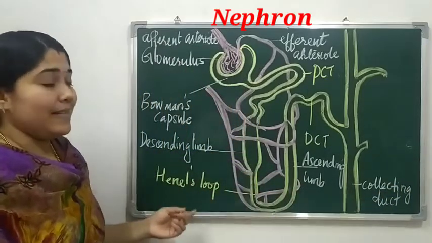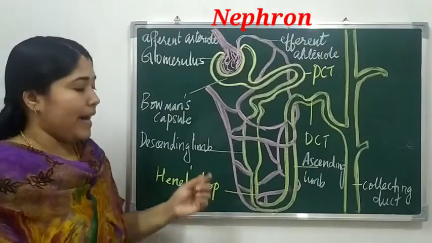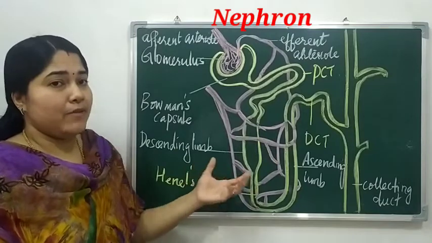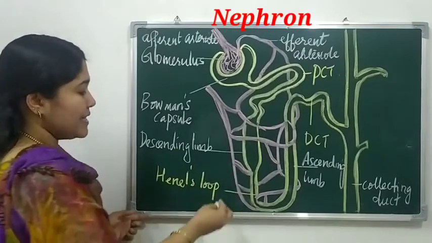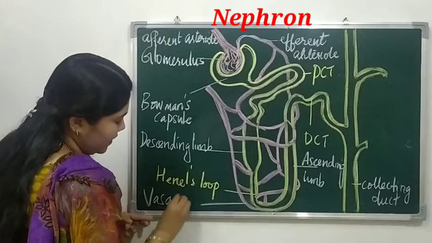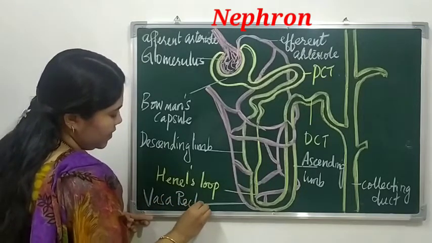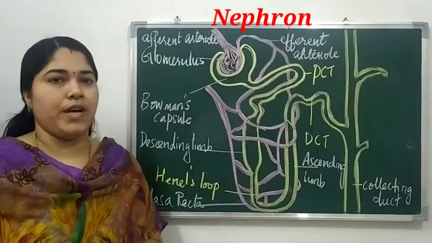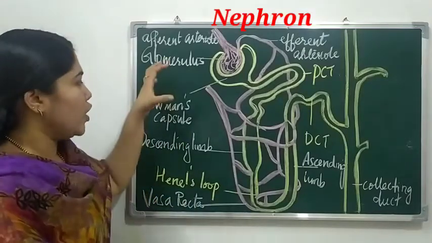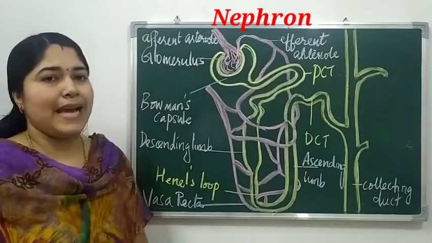You can see the blood vessels which run parallel to the limbs, the descending limb as well as the ascending limb. The blood vessels running parallel are called the vasa recta. So these are the parts of the nephron: glomerulus and Bowman's capsule.